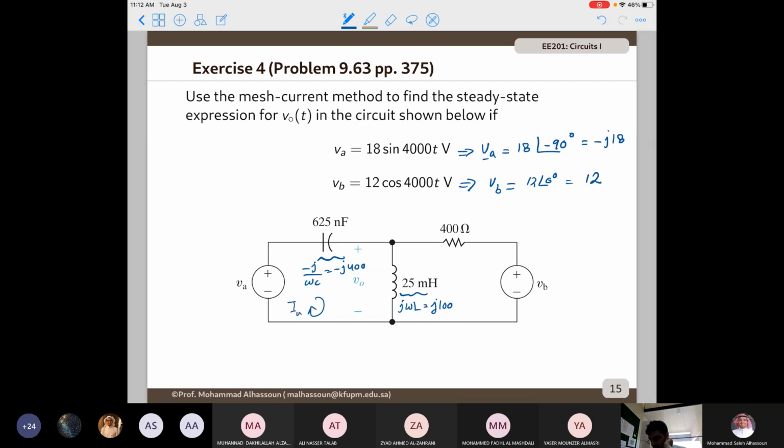So let's apply the mesh current method, IA, IB here, to find V naught, which is the voltage across the 25 millihenry inductor. Let's start with the first mesh.